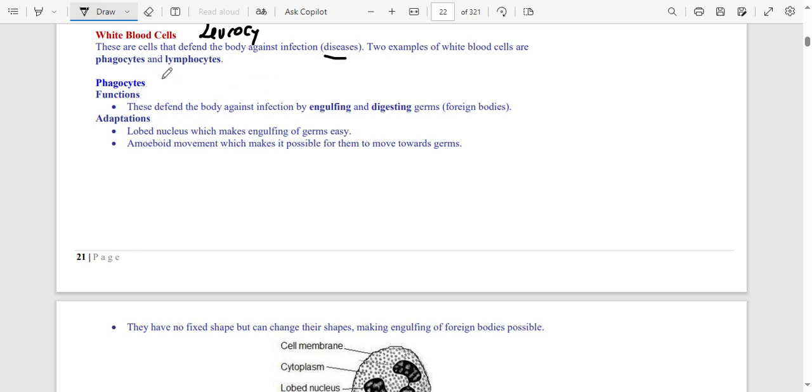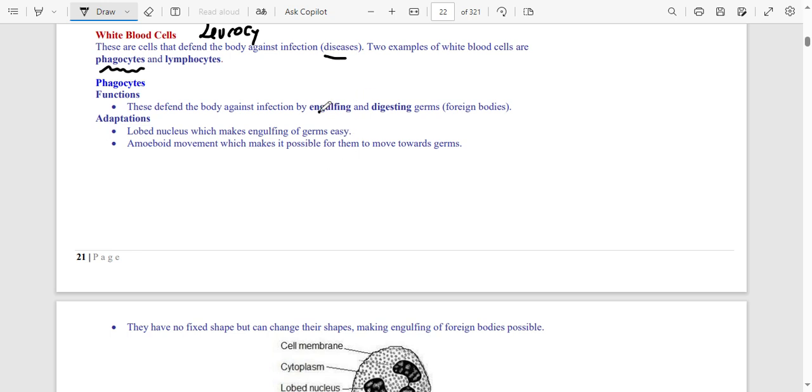They can actually be classified in two. You have got phagocytes and lymphocytes. Starting with phagocytes, as the word says, these ones are involved in phagocytosis. Phagocytosis is just to eat something.